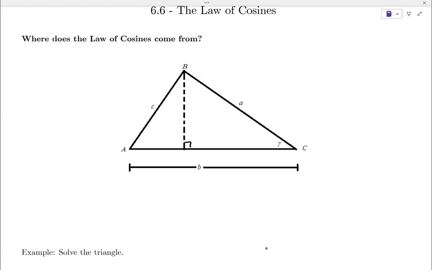So if I called this distance x here, what would that distance be in terms of b and x? B minus x, right? We agree? Okay.